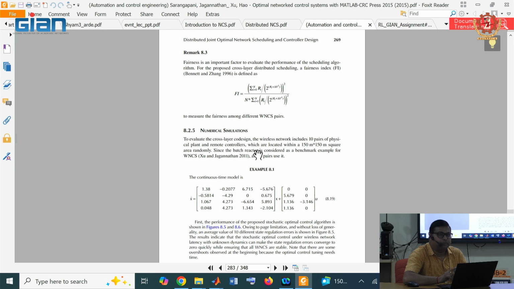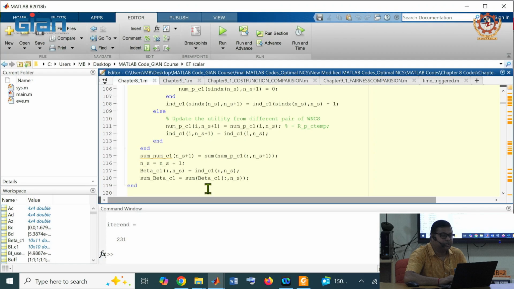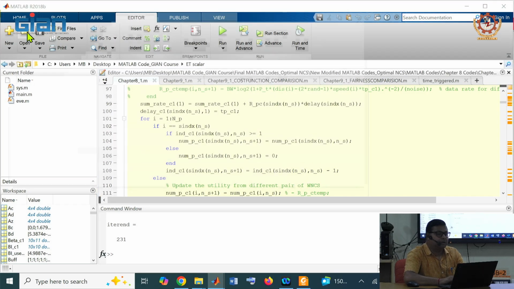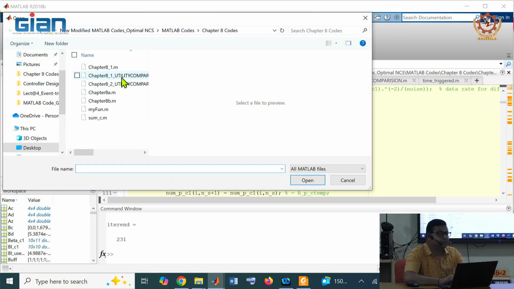Means the programming. Okay. Here 8 needs to be opened. Utility comparison, yes.